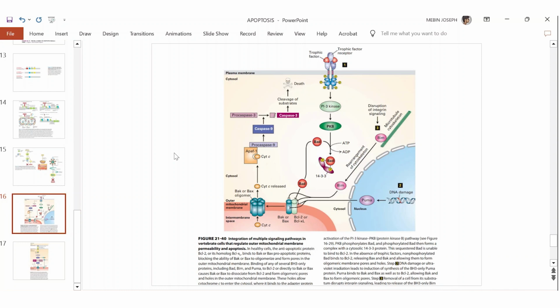So there are actually two pathways of apoptosis, intrinsic pathway and extrinsic pathway. Clear? The one that you are seeing on the slide is the intrinsic pathway.